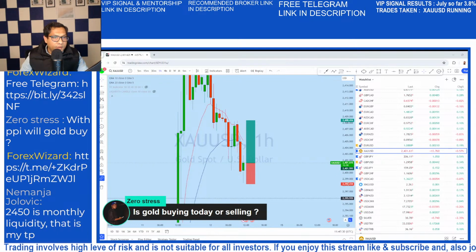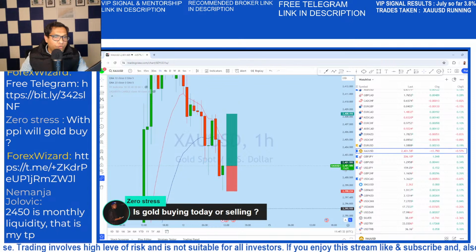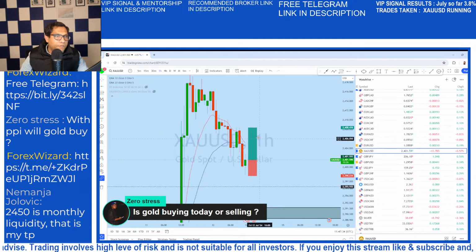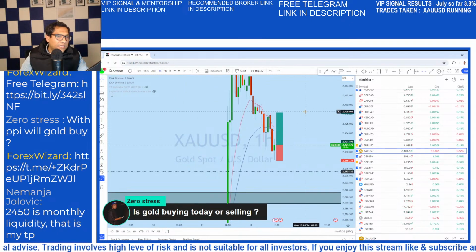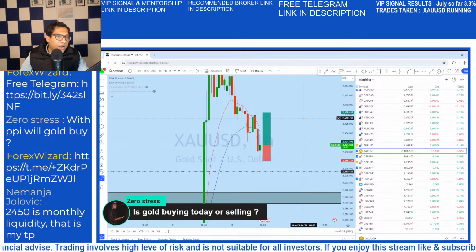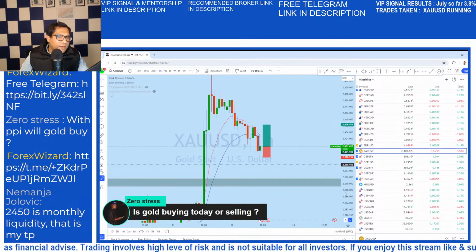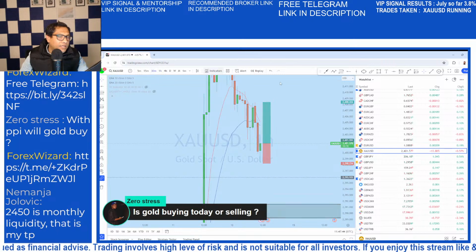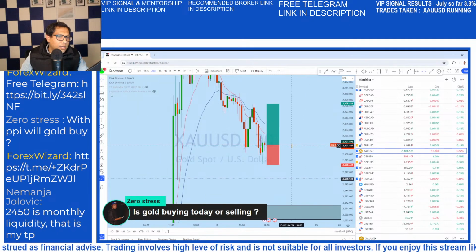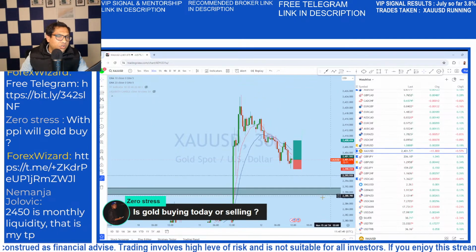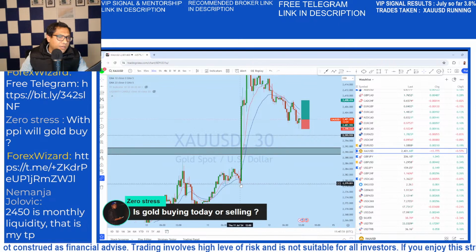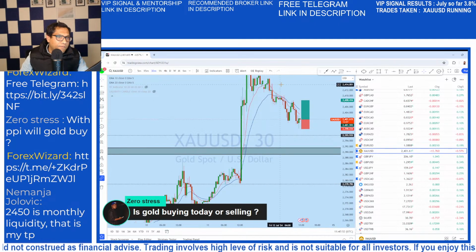Okay, yeah, we can see at 2450 the upside bias is higher, because in this market we have already seen very strong bullish momentum, and that momentum on gold, we saw with the CPI, made a significant bounce.